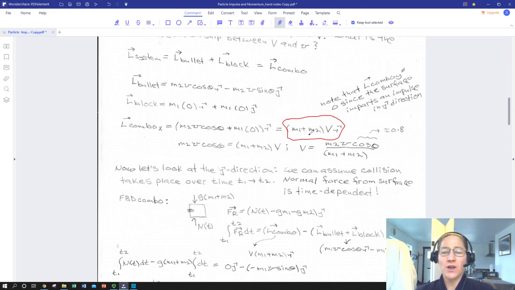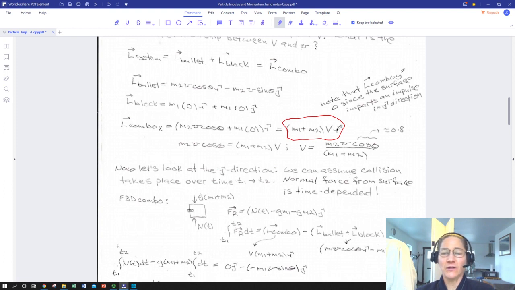So we know just based on the schematic that the bullet-block combo is going to move horizontally, so it won't have a velocity in the j hat direction. So it's simply going to be the sum of the masses moving at whatever its velocity is, that's big V, in the i hat direction only.